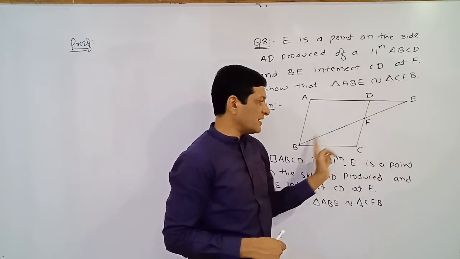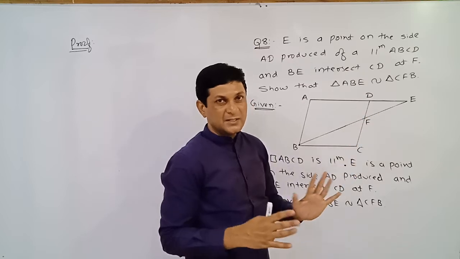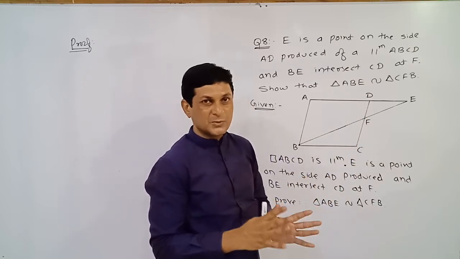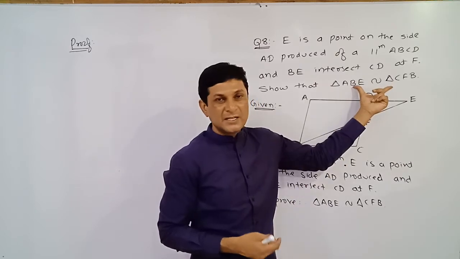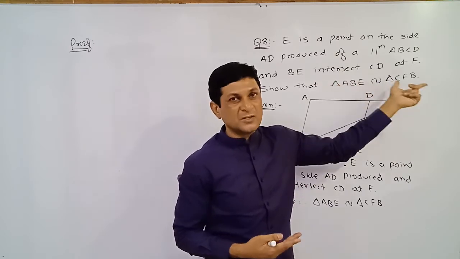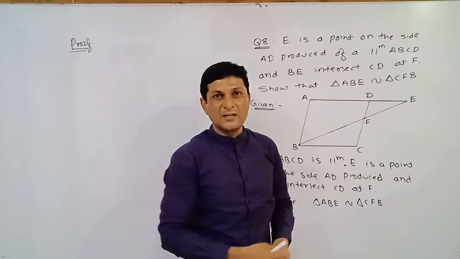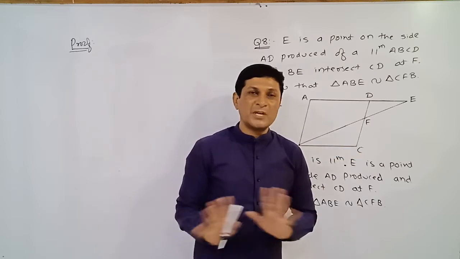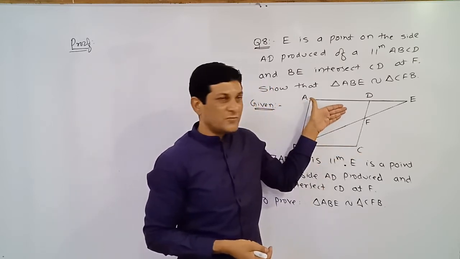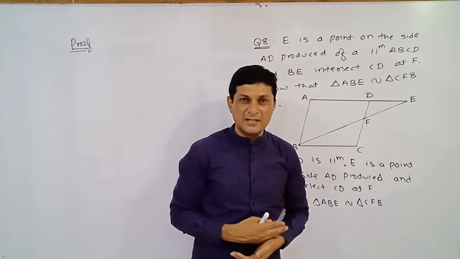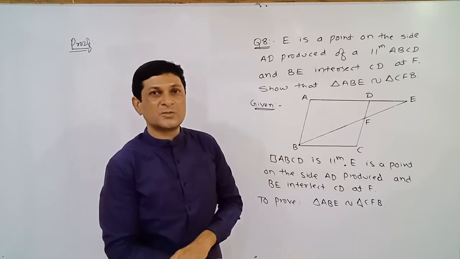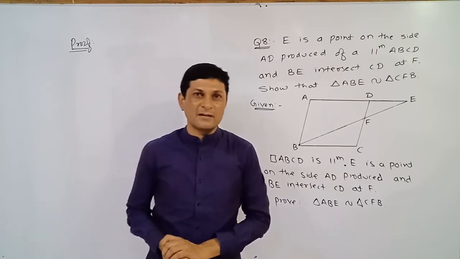So one pair of alternate angles is also equal. Using this condition that alternate angles are equal, we are able to show that the second angle of the first triangle is equal to the corresponding angle of the second triangle. In this way, two angles of the first triangle are equal to the corresponding two angles of the second triangle, and we can say that these two triangles become similar by a criterion.